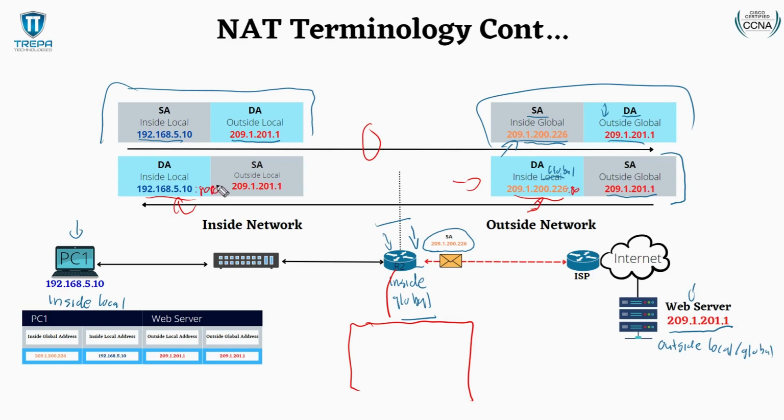It knows that it came back with this port, so it needs to go to my guy right here, 192.168.5.10. That's how the communication goes. This router holds the table with those NAT translations, and we'll go into that and I'll show you what that table looks like on the actual CLI when it comes to our labs.